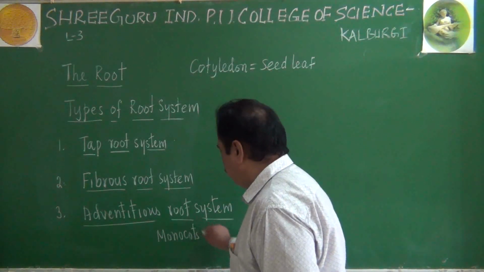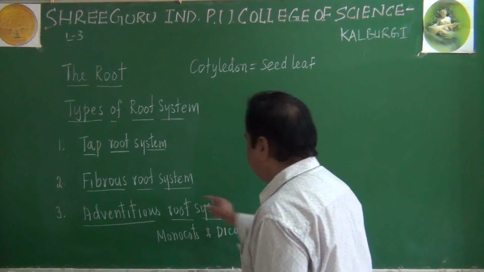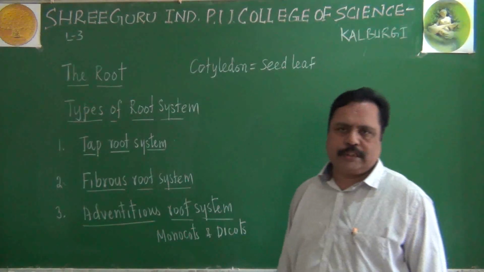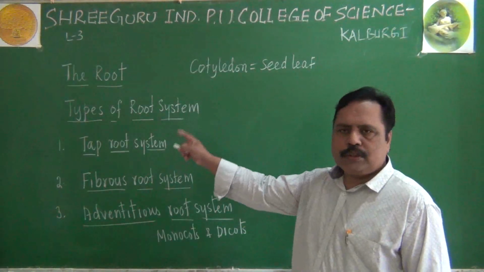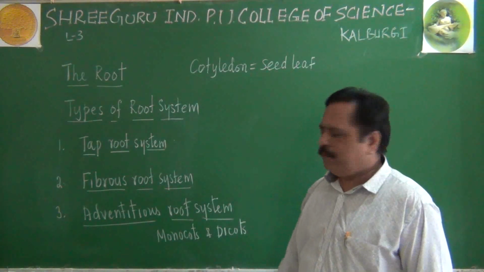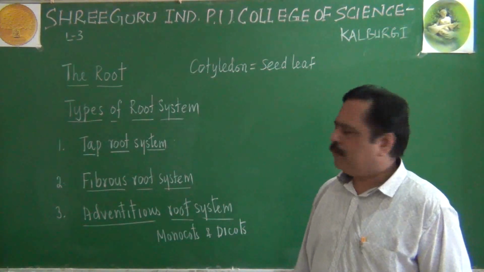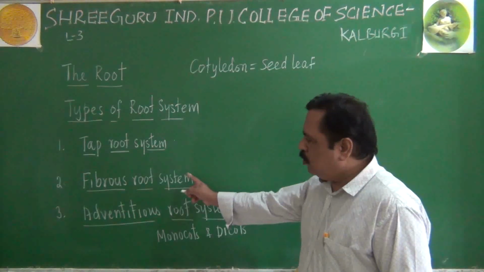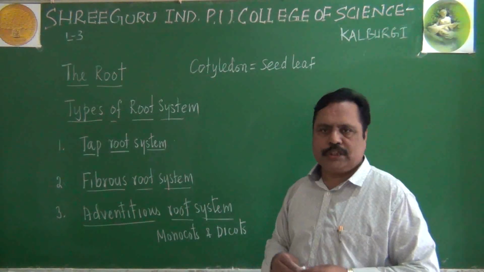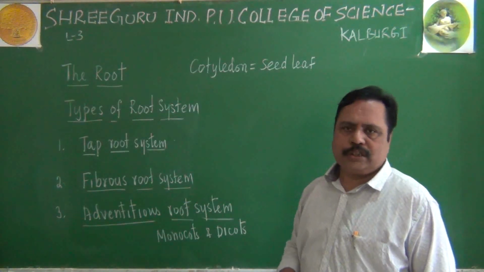Some of the monocots and some of the dicots will be exhibiting this type of root system. Of course, majority of the dicots will exhibit taproot system only, some exceptions will exhibit adventitious. Majority of the monocots will exhibit fibrous root system only, some exceptions will exhibit adventitious root system.